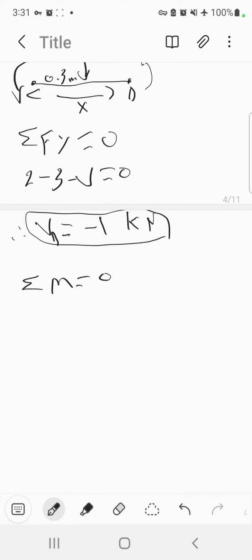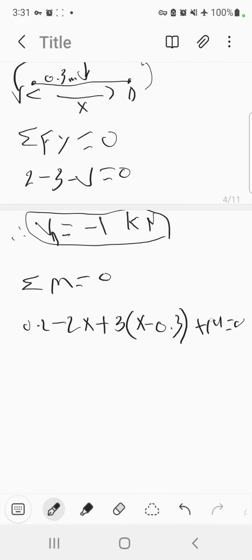So we know it's first 0.2 minus 2x, because we don't know it, plus 3 times x minus 0.3 plus M equal to 0. So we know M equal to minus x plus 0.7.